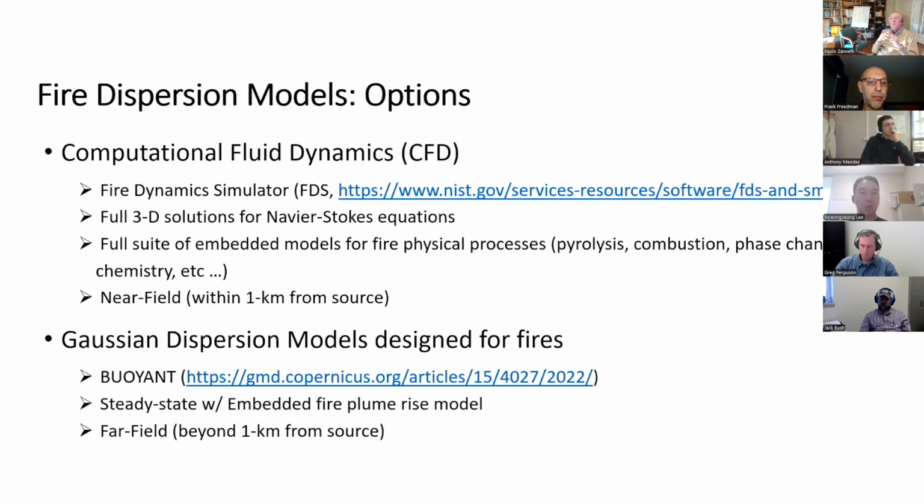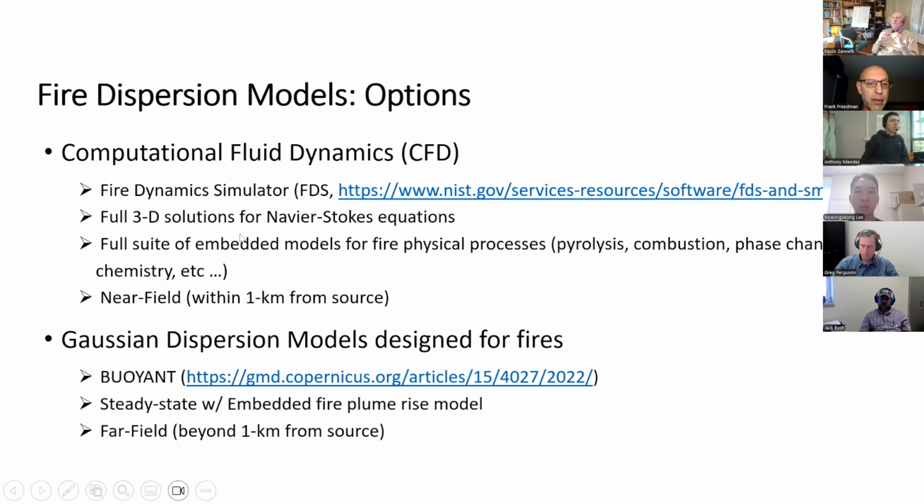Okay, so these two approaches, which we'll show, and I'll just go through this quickly so we can look at some results. Computational fluid dynamics versus a Gaussian dispersion model. The CFD model that we'll look at some results for is something called the Fire Dynamics Simulator, FDS, developed by the National Institute of Standards and Technology.